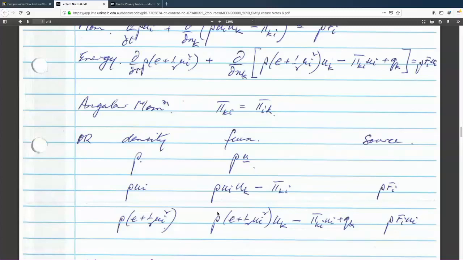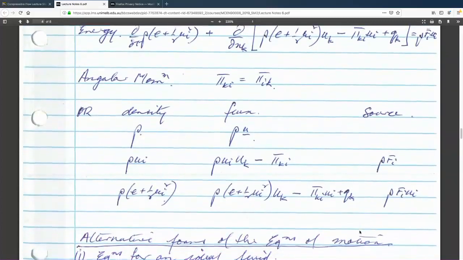And then for the flux of momentum, I have rho u_i u_k minus pi_ki, and the source is rho f_i. And the energy density is rho (e plus a half u_i squared), and the flux is rho (e plus a half u_i squared) u_k minus pi_ki u_i plus q_k. That is the very basics.